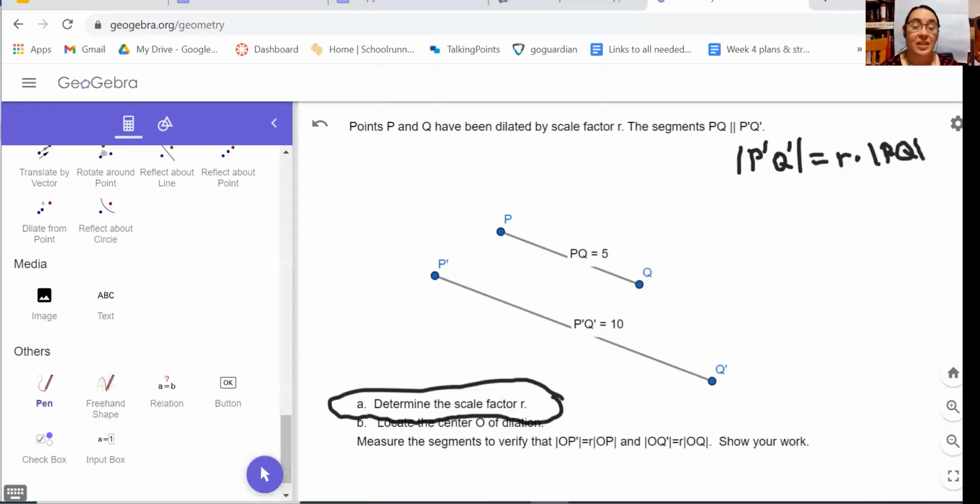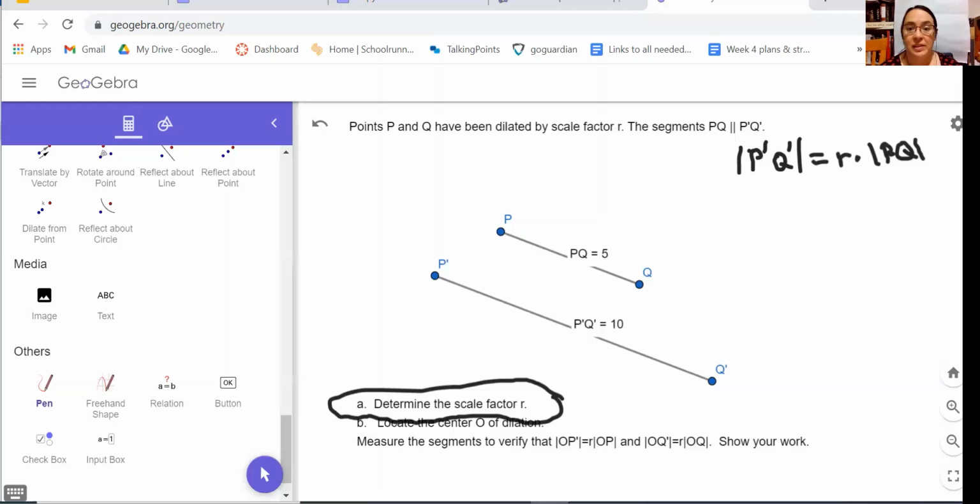Exactly. We see that the length of the original segment between the points before dilation is shorter than the length of the segment after dilation. This suggests that our dilation had to magnify the size of distances and segments. So we're looking for a number greater than 1.